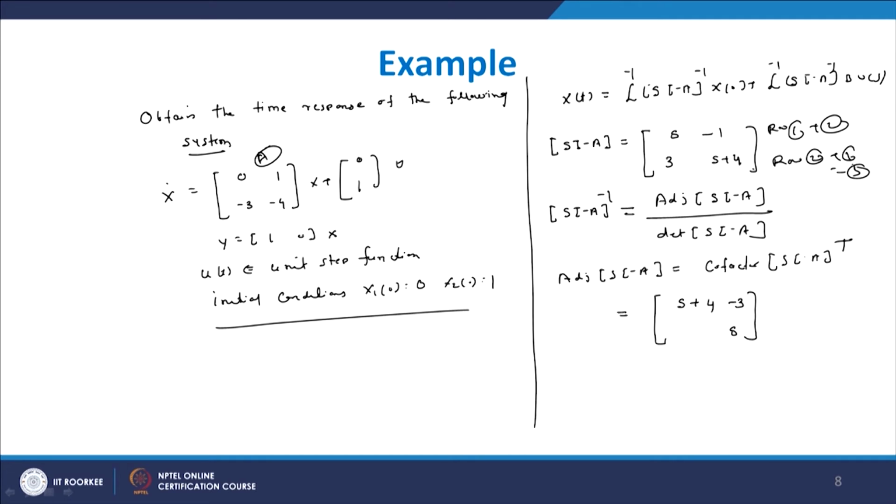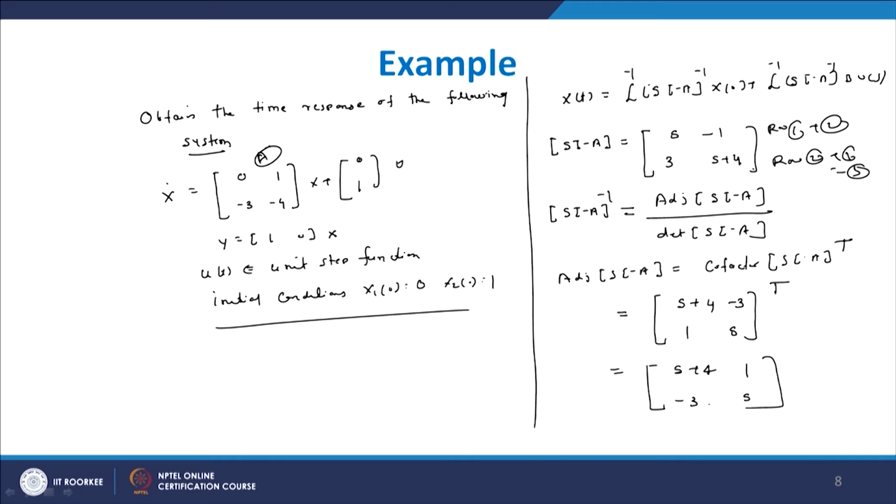So here we get minus 3. And for the 3, the minor is minus 1, again an odd term, row 2, column 1, so we connect a minus sign, and minus of minus 1 equals plus 1. This is the transpose, and therefore we can write the adjoint as [s+4, 1; -3, s].